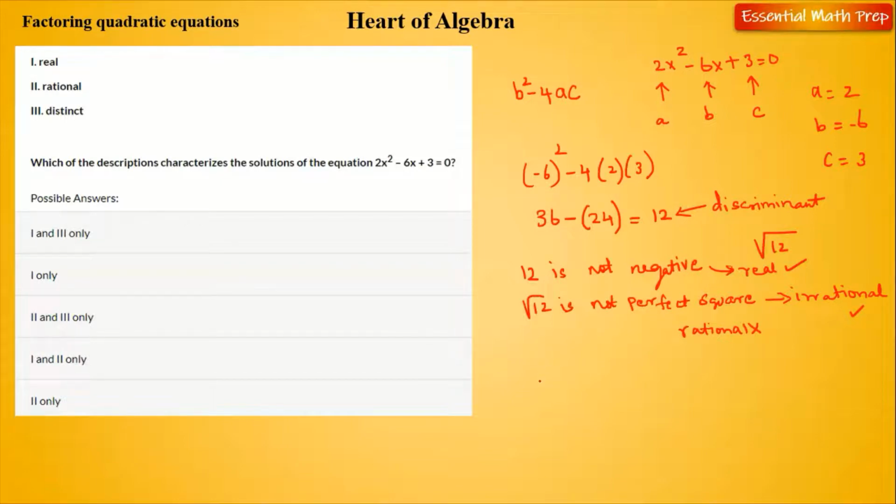Because the discriminant, b squared minus 4ac, is not equal to 0, that means it is distinct. If b squared minus 4ac is equal to 0, then it is indistinct.